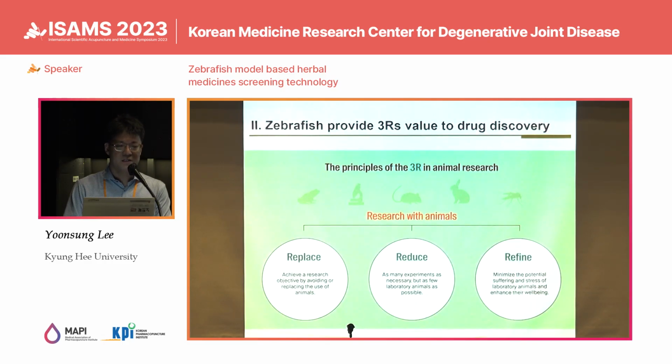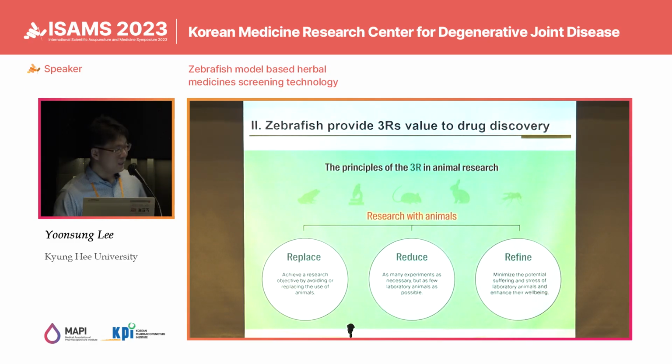The second thing is that zebrafish can provide 3 R's value to drug discovery. At the basic research level, the clinical level, and the commercial level, animal model systems have been used widely. But recently strict regulation has been made to prevent unnecessary overuse of these animal systems. It's a really important ethical issue.